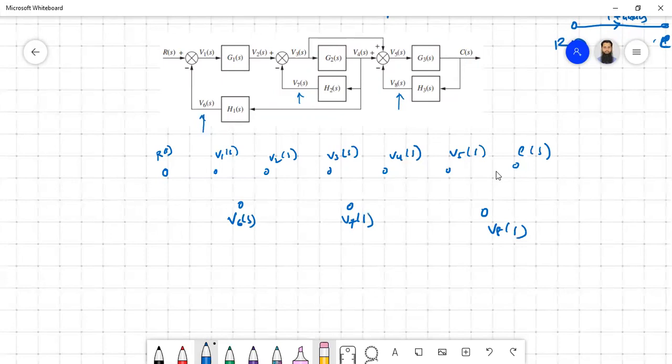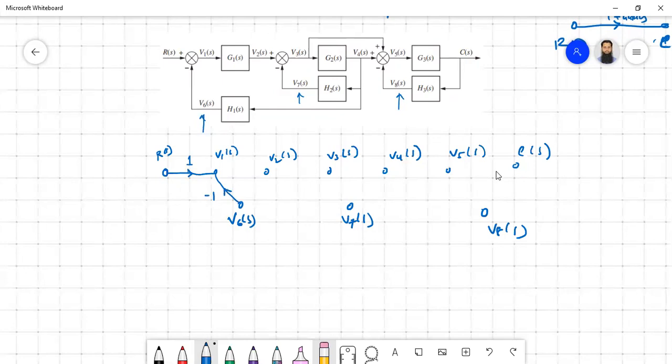First of all, as we said, a summing junction can be given by a gain of 1 if the sign is positive. If the sign is negative, the gain will be minus 1.